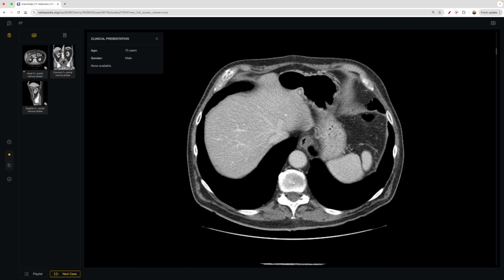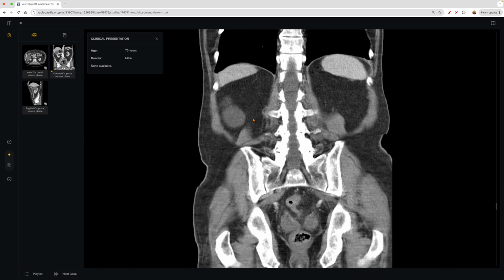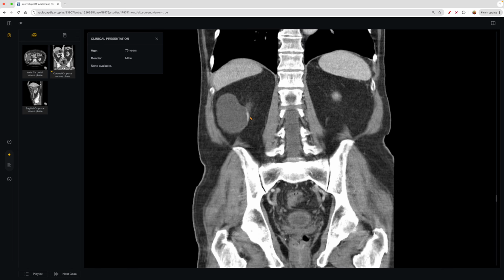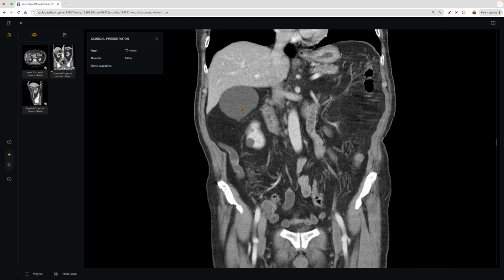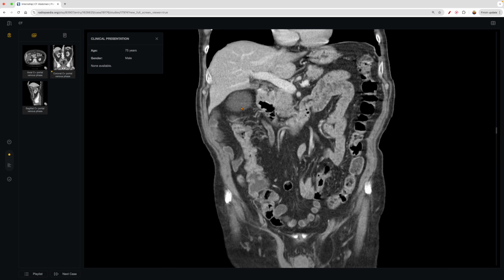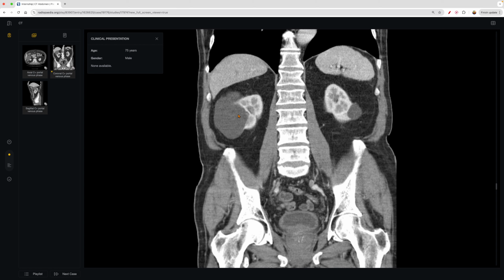Alright, so now we're gonna get into a little bit of a differential when it comes to renal masses. This is a case of a patient having renal cysts. If you were to see this, it certainly looks crazy, right? The fact that this is just a big pocket of something within the kidney is crazy to think about, and it's pretty huge.